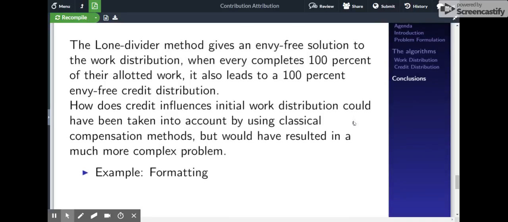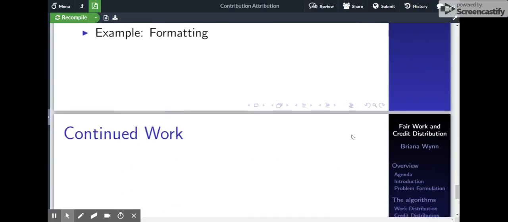Something that I'd like to take a minute to note is that if I had not separated these into two separate problems, being work distribution and then credit attribution, then more classical compensation methods of fair division could have been used to solve this problem, but that would result in a much more complex problem.